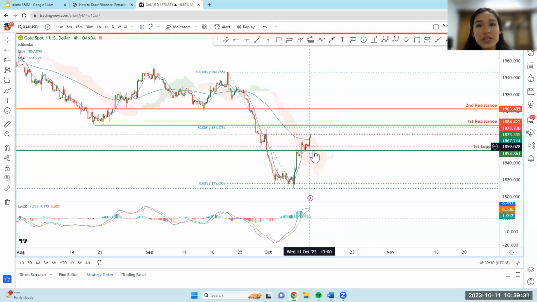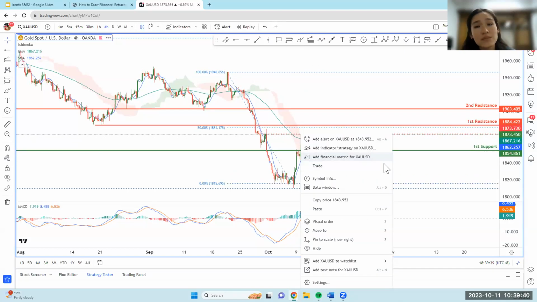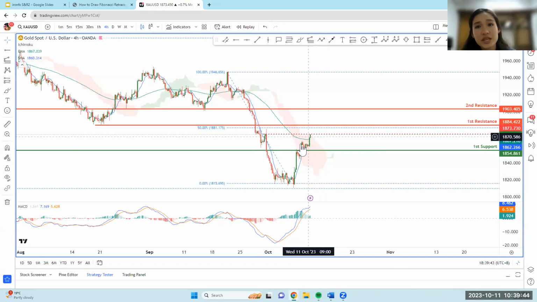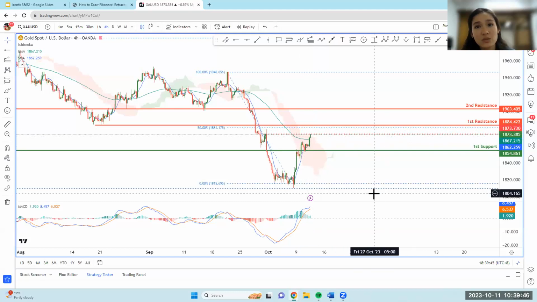Okay, so here we can see that currently there is no crossover between the two, and in fact, price is moving above our SMA, simple moving average. So it suggests that price is gonna continue moving upwards.